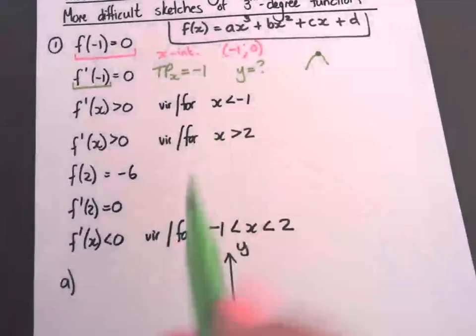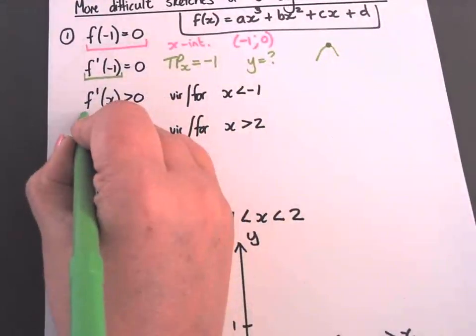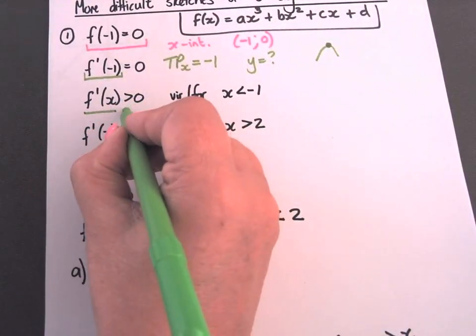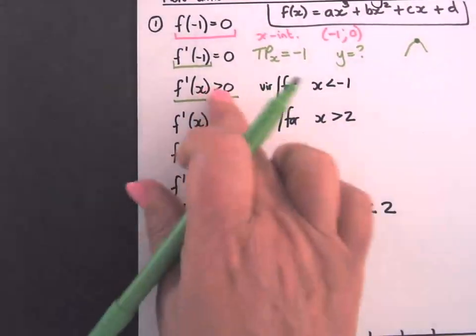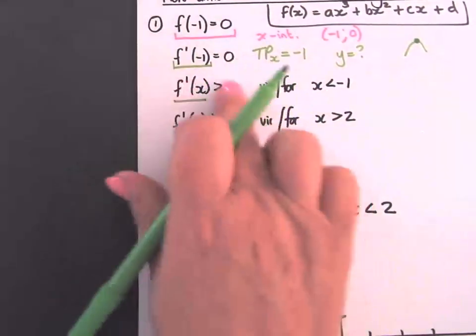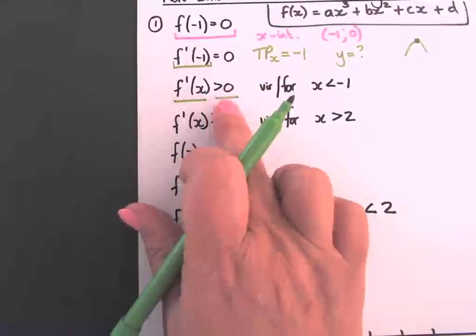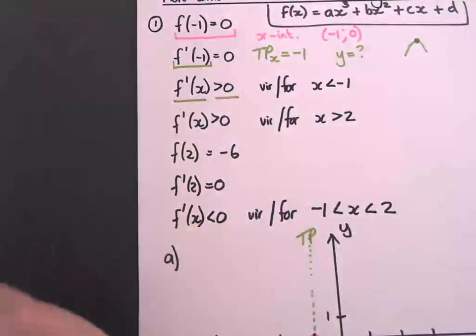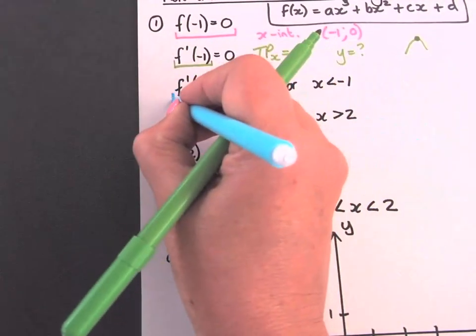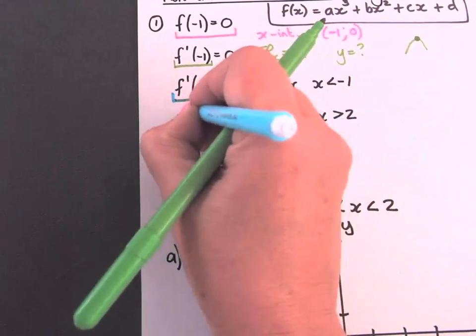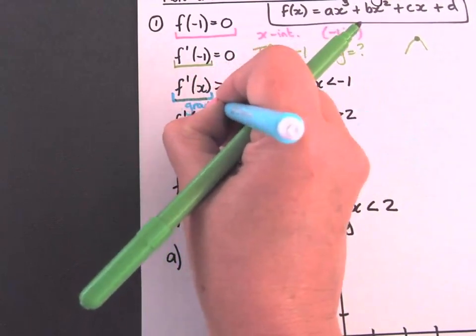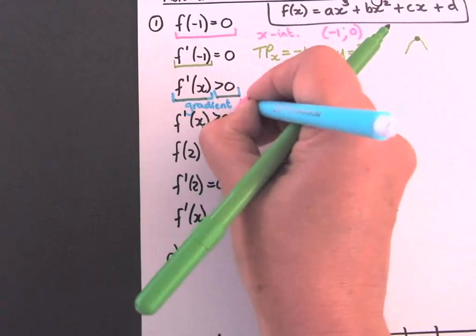Right. The next one. The first derivative is larger than 0. What does this mean? The gradient is positive. Yes. So, the gradient is positive.